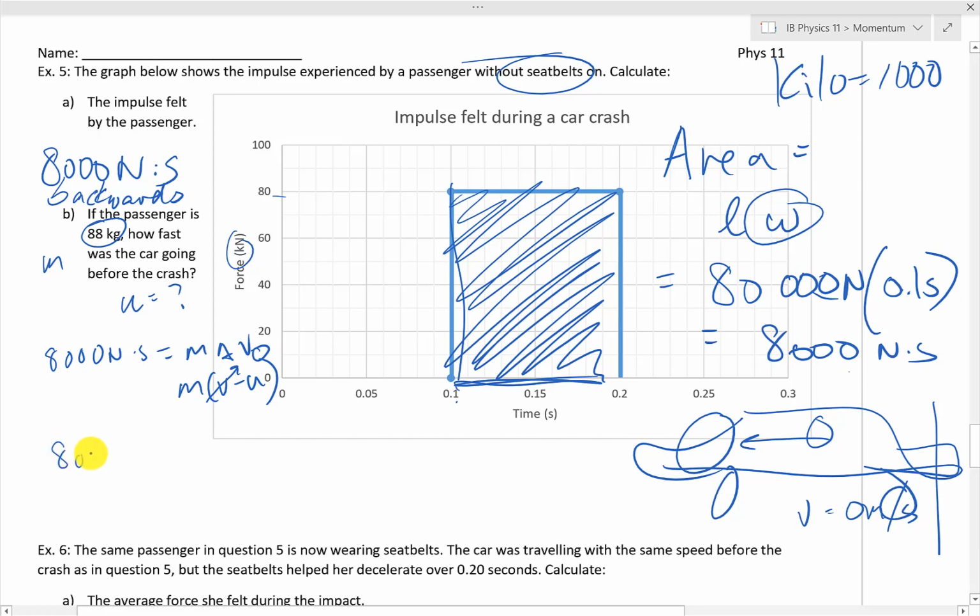This now simplifies to 8,000 newton seconds equals mass times the negative initial velocity. Oh yes, which reminds me that the impulse, because it's backwards, I'm going to need a negative sign here for a negative 8,000 newton seconds.